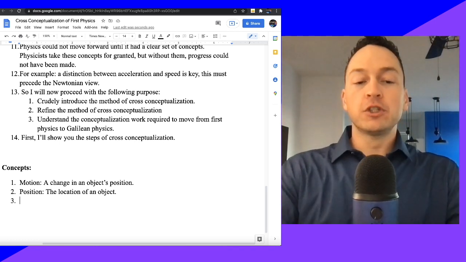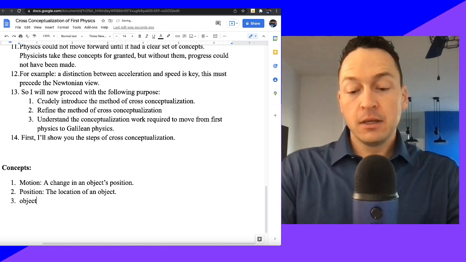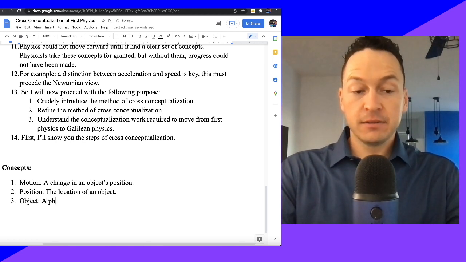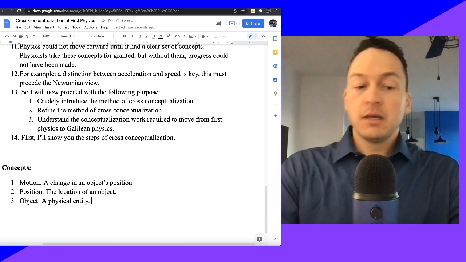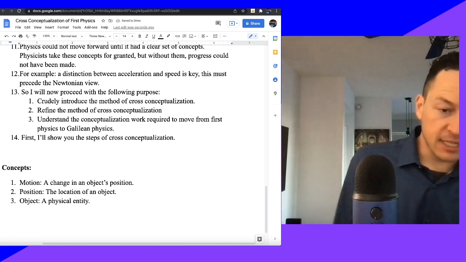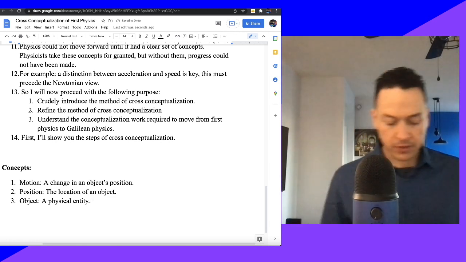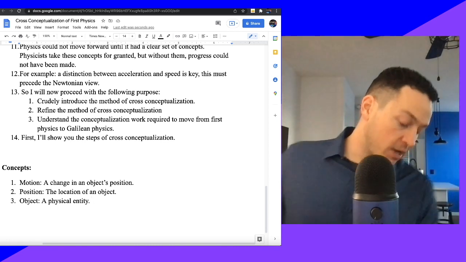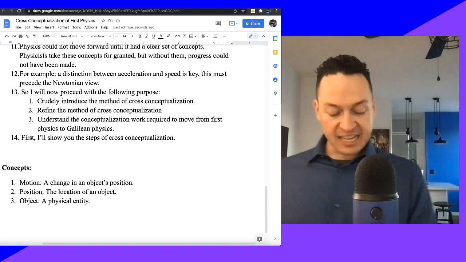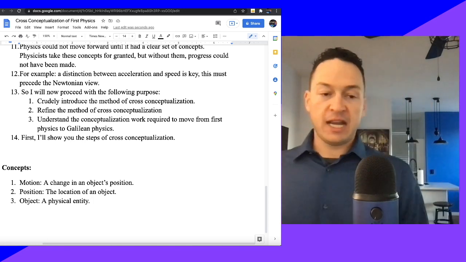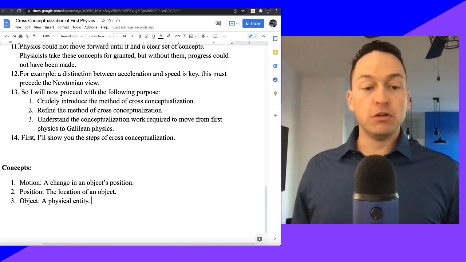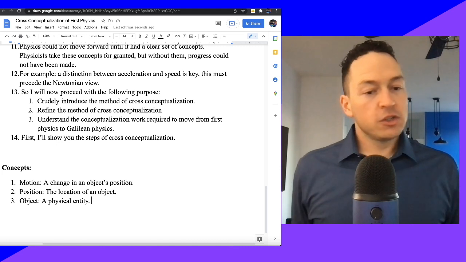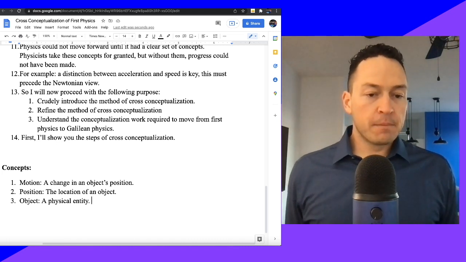Well, we've used the word object. What's an object? An object is a physical entity. So when we talk about this, we're not talking about a thought. We're talking about a physical entity which has location, it can move, it can change location. So these are things which are perceivable.